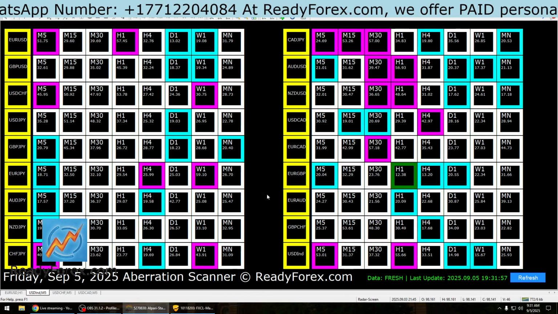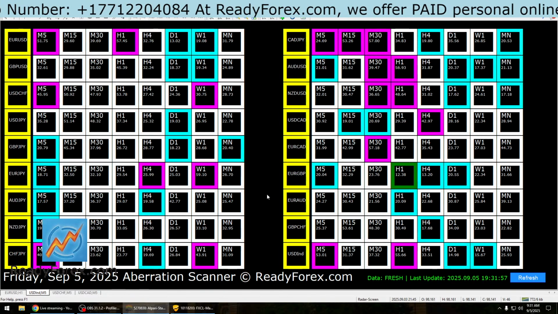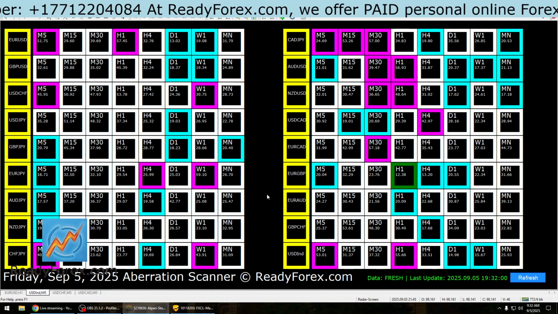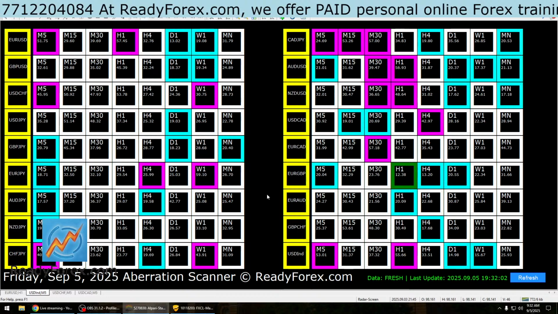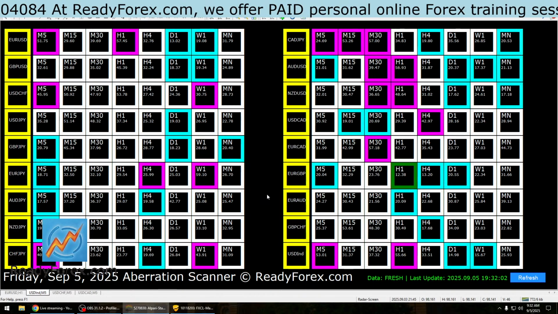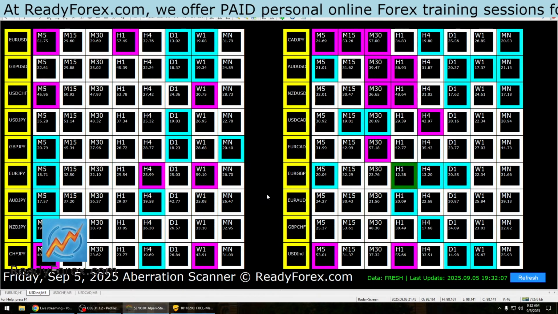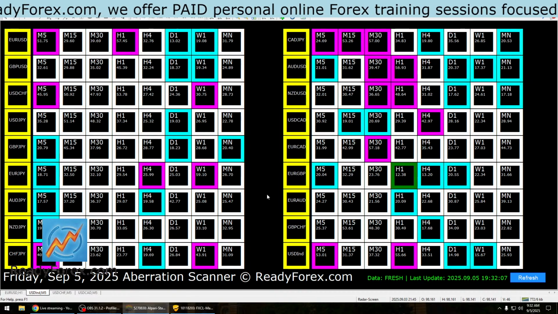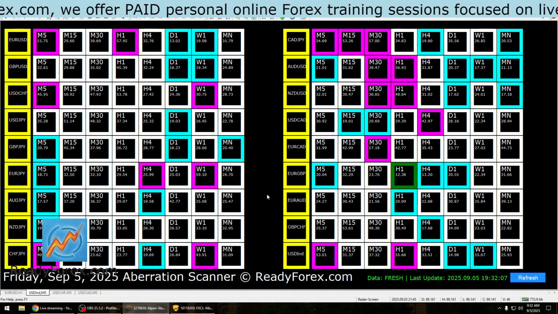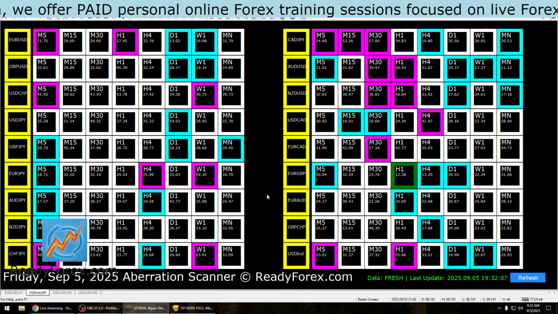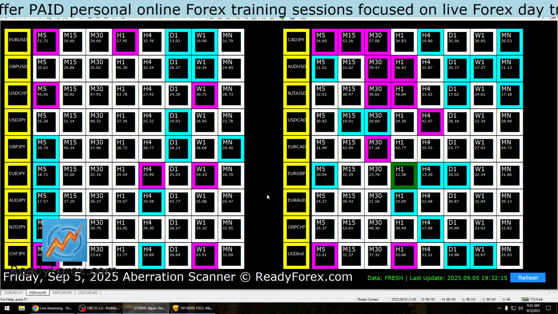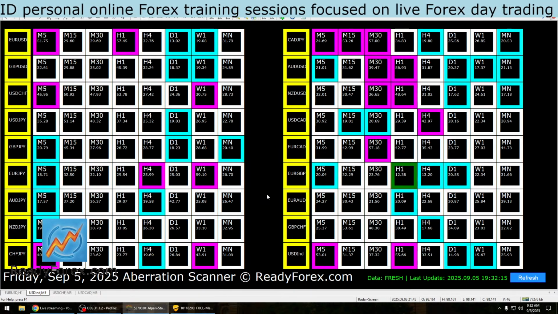Okay, let's see. EURUSD actually printed kind of a top over here. That's interesting. And DX also got the top over here.